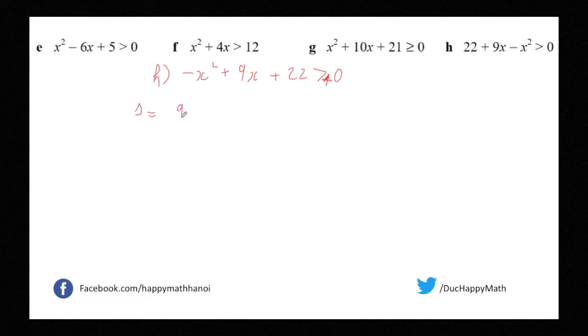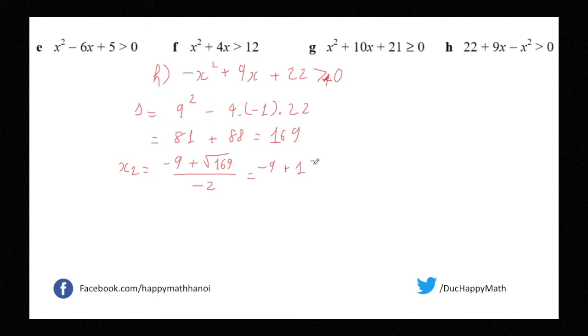Delta will be equal to 9 squared minus 4 times minus 1 times c. 81 plus 88, so 169. So x1 will be equal to minus 9 plus the square root of 169, divided by minus 2a. So this one is minus 9 plus 13, divided by minus 2.